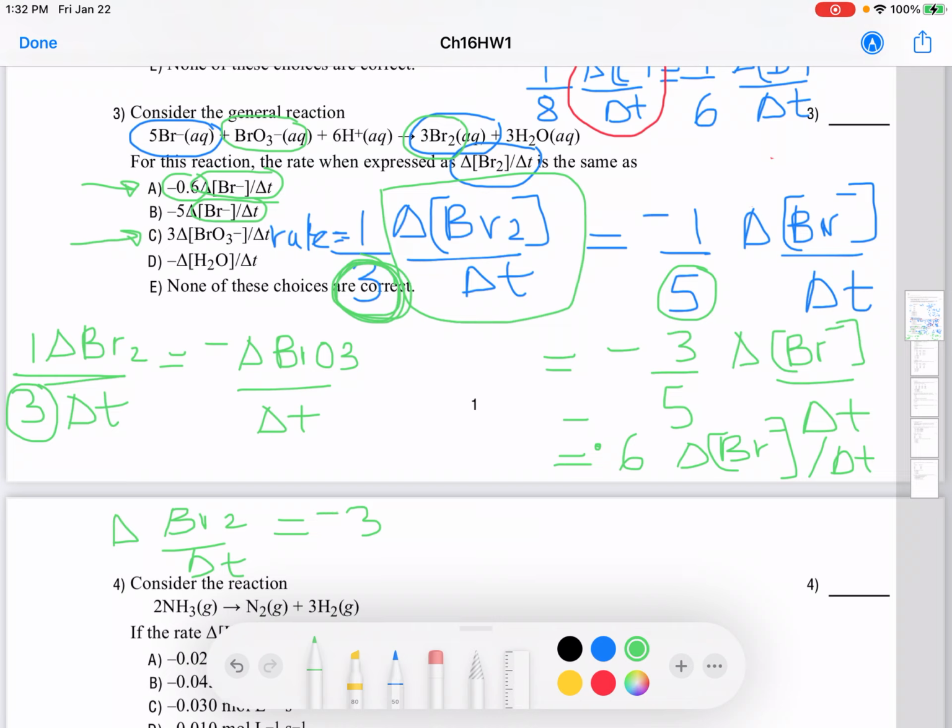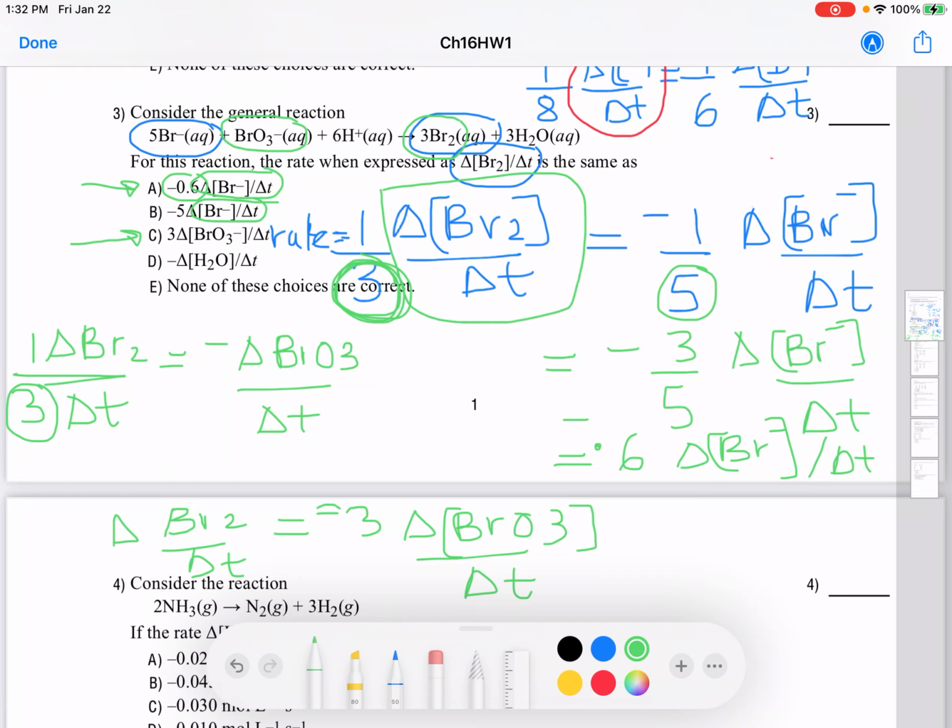That would make it negative 3 delta BrO3 over delta T. So the correct answer for C would be negative 3 delta bromate over delta T, right?